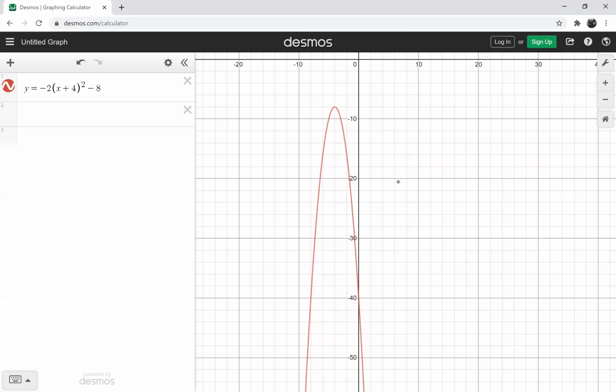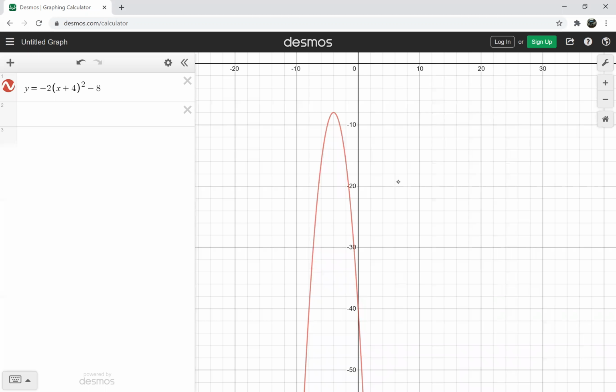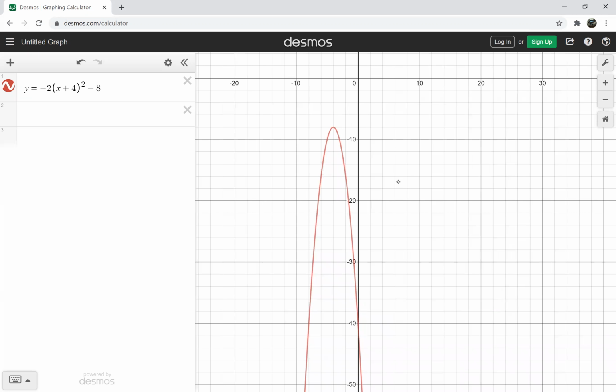There's a little bit of a better drawing. And notice that it doesn't have any intercepts on the x-axis, because we knew that our intercepts were going to be imaginary. Okay, so we'll go back to our notes now.